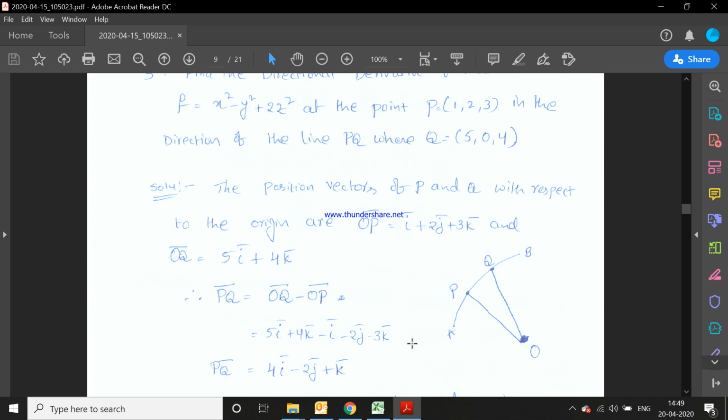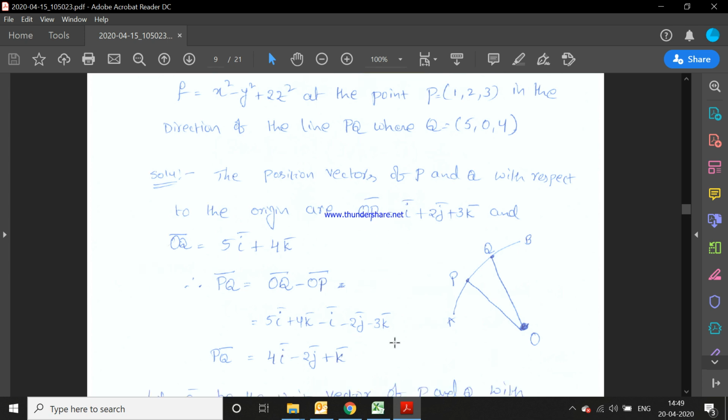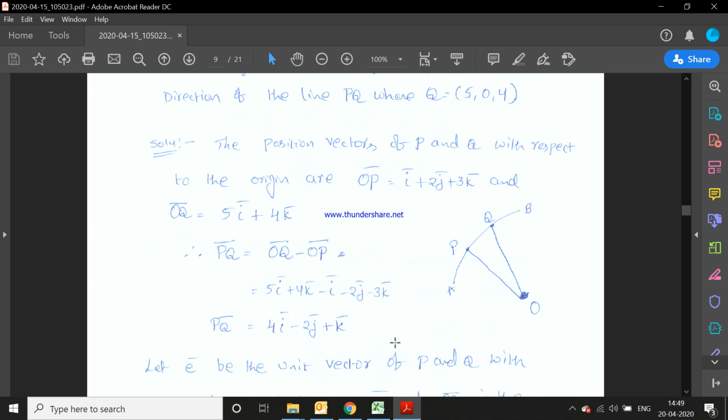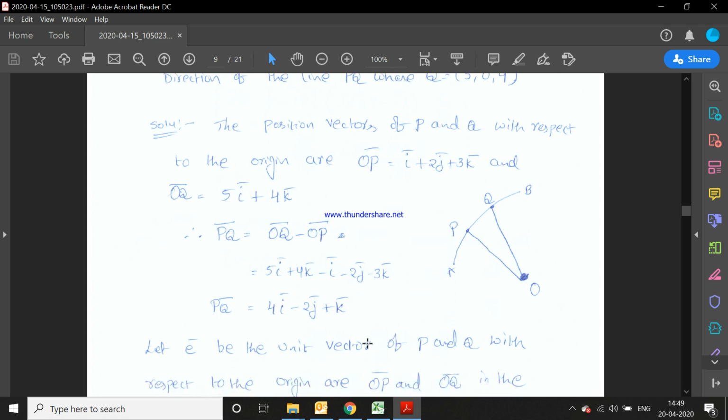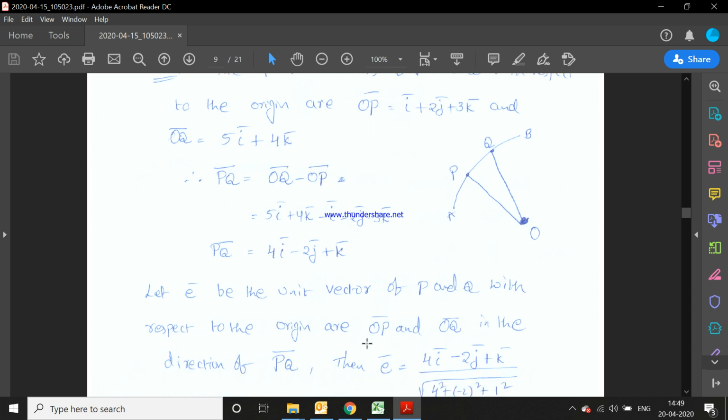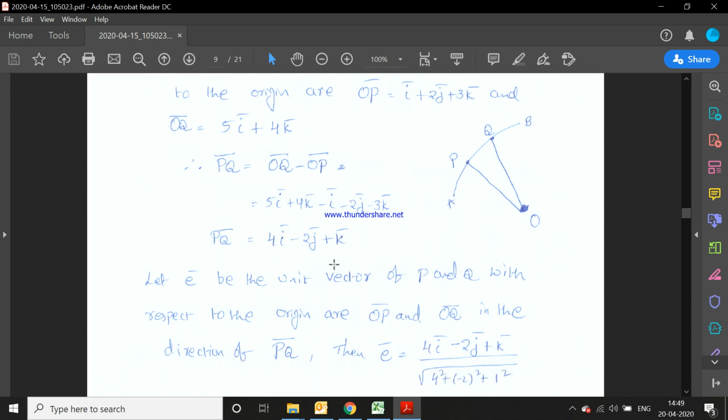By using the concept of line PQ, we can get a normal vector. For that vector, you can find a unit vector by using the E bar formula. That is, E bar is equal to PQ bar by the length of PQ bar.